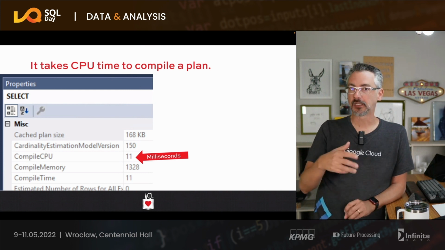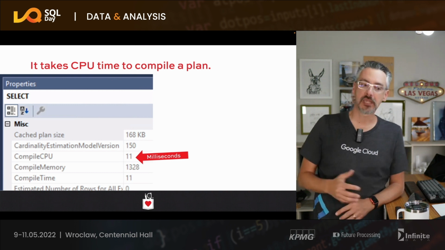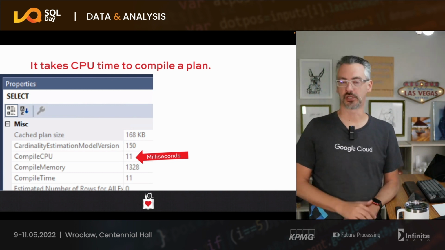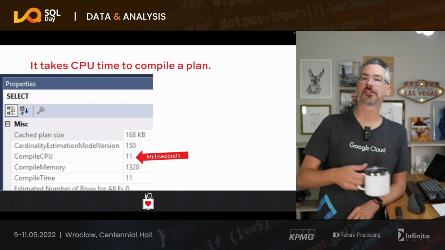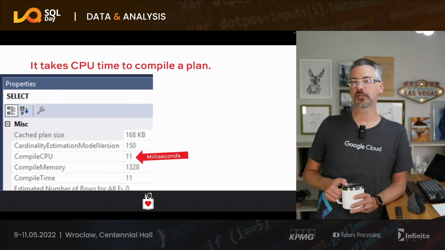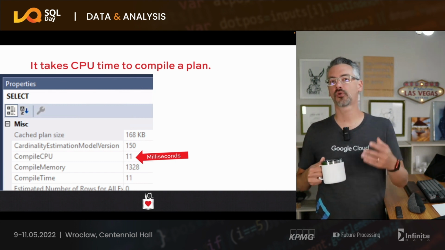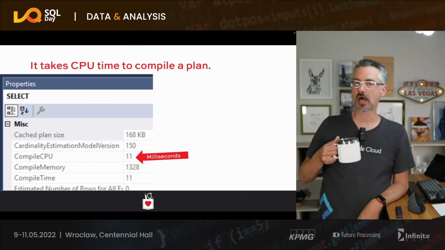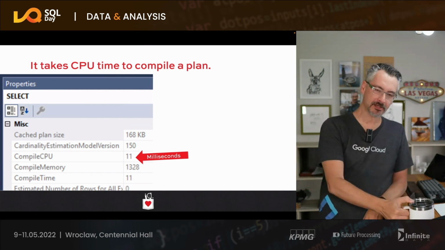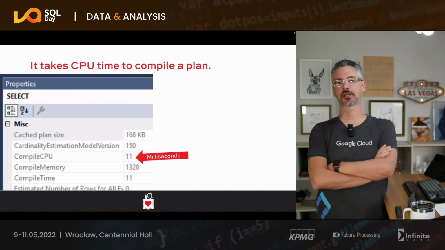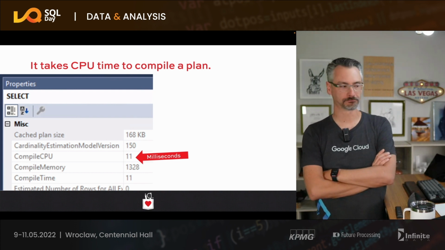But in SQL Server, building an execution plan is computationally intensive because there's a lot of work to do. You can see that work if you go into the execution plan, right-click on the select, click Properties, and look up at the top over in the Properties pane. Near the top, there's going to be something that says Compile CPU and Compile Time.